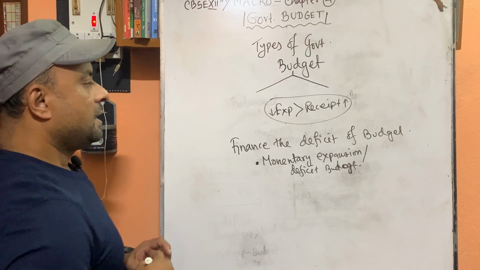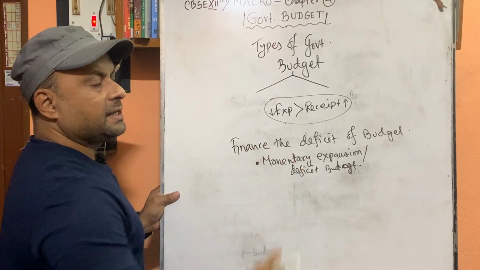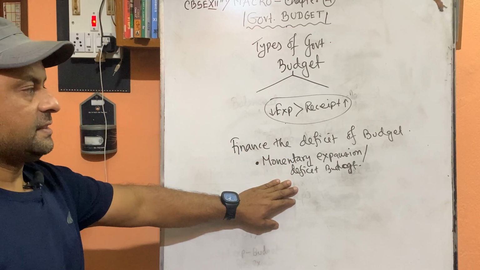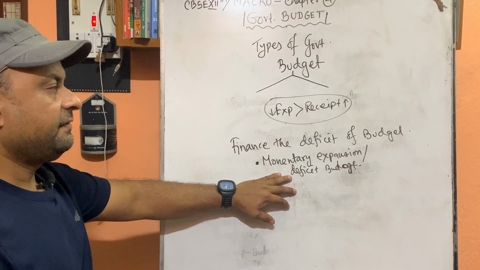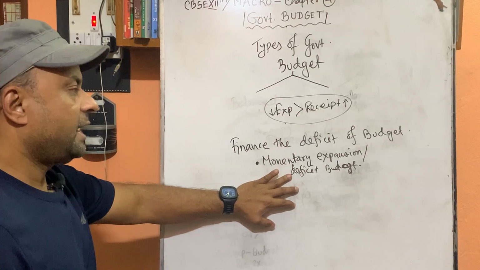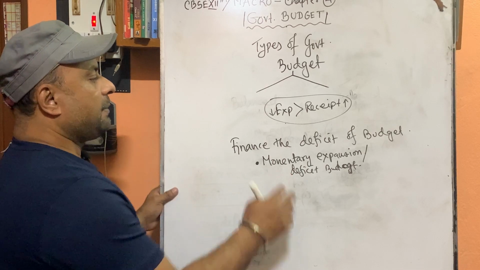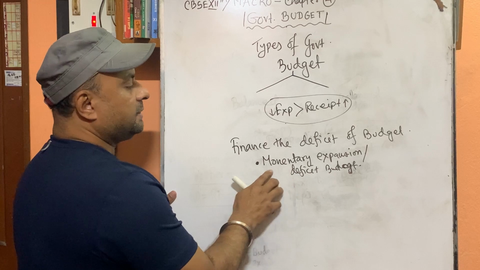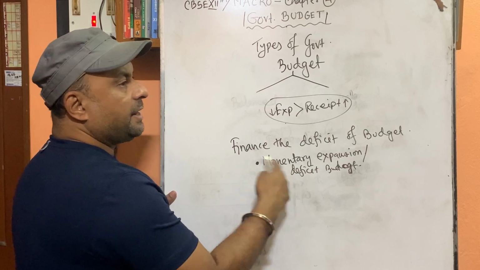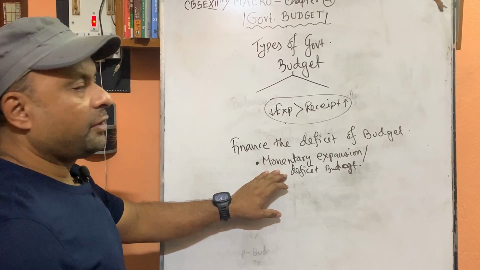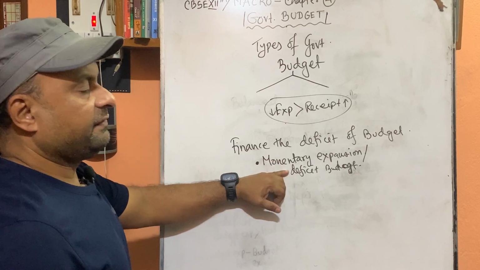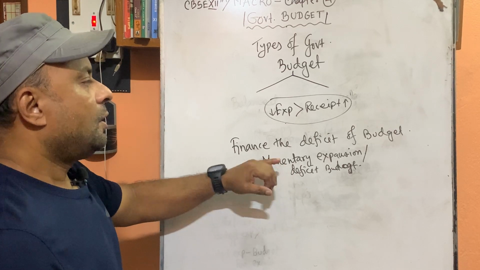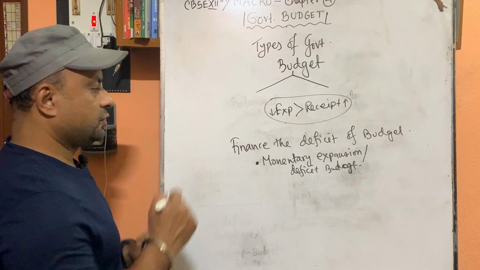Monetary expansion means government may print new currency notes to the extent of the deficit. When government faces any deficit, government borrows from the RBI, and RBI may either print currency notes or somehow manage the money. This is monetary expansion.